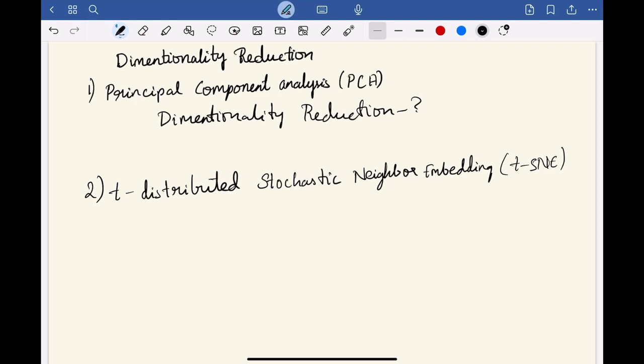Using that, it minimizes the KL divergence between the joint probabilities of the low dimensional embedding and the original high dimensional data.